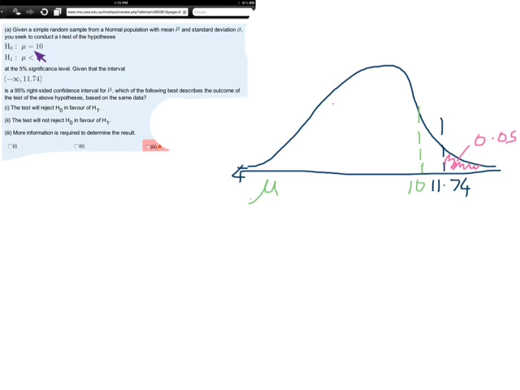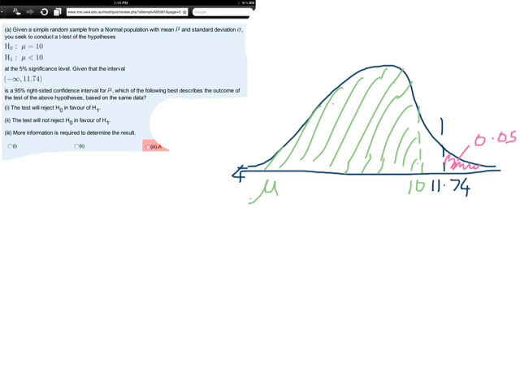We've got a null hypothesis that mu is equal to 10, and we're trying to prove that mu is less than 10. So we're trying to prove this area in here. This here is the rejection region.